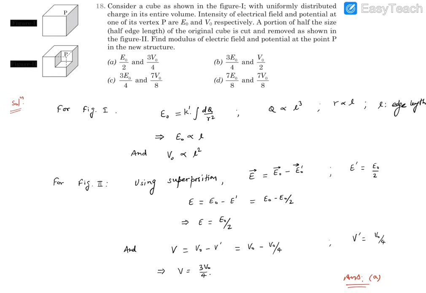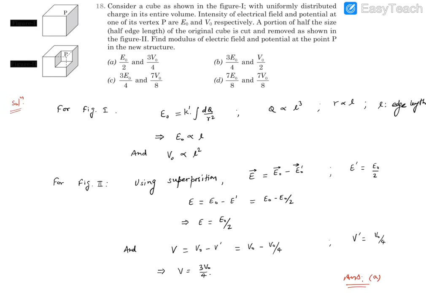So the field because of the removed portion is going to be E0 by 2. How are we getting this E0 by 2? That's the most important aspect. Let me re-explain this. Since field is directly proportional to the edge length, and the removed cube has edge length L by 2, and length L has a field E0, L by 2 length will have a field E0 by 2.